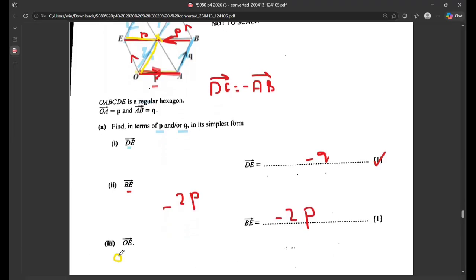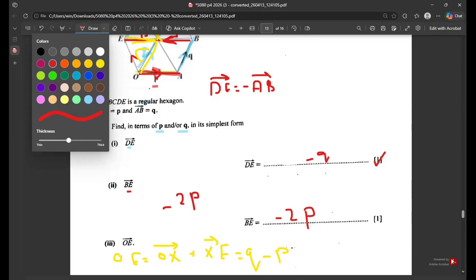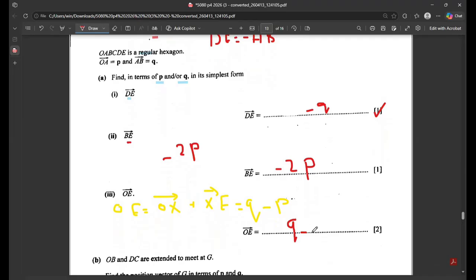So the OE would be equal to OX vector plus the XE vector. As for this is equal to Q, and for this is equal to negative P. So it's equal to Q minus P, and that is the OE vector, equal to Q minus P, because it has 2 marks, okay?